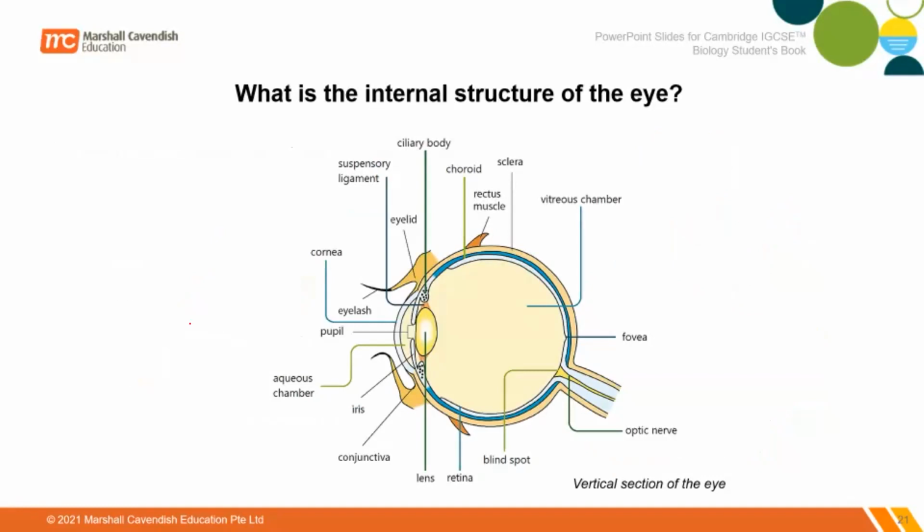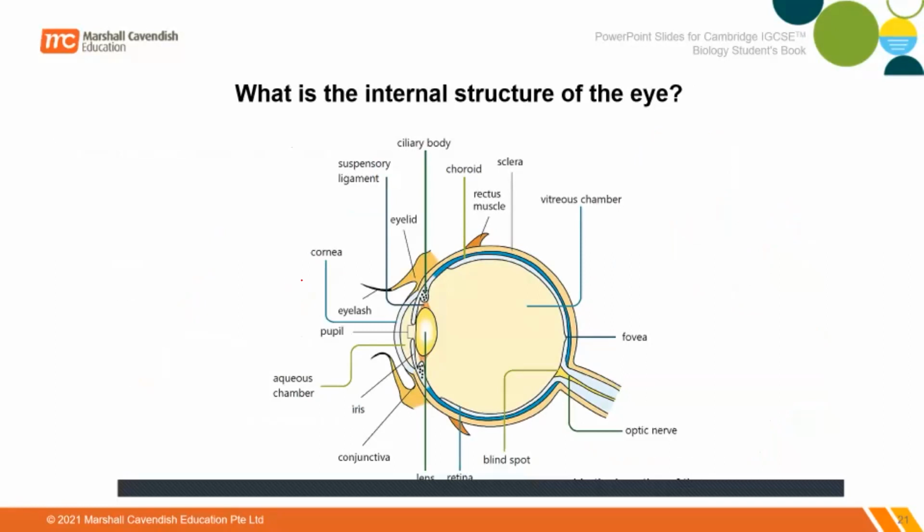Let's start from the outer structure, which is the eyelid, then the cornea, this outer layer, the transparent area, which we call the first lens. This transparent area. Then the pupil, this hole.